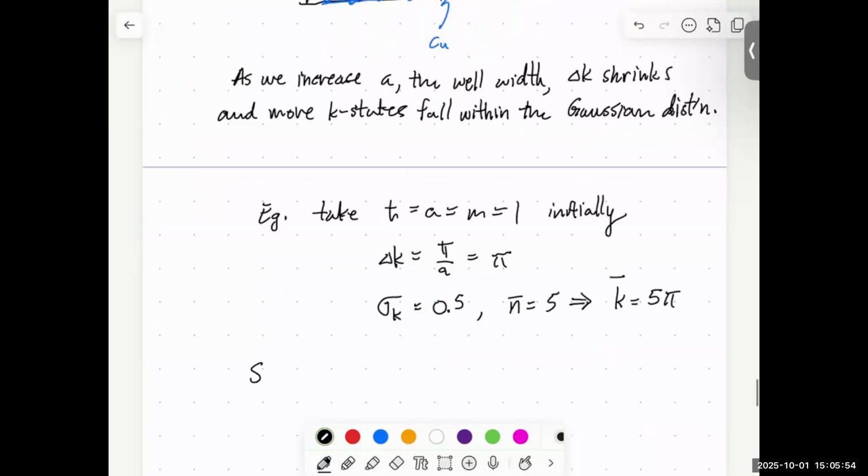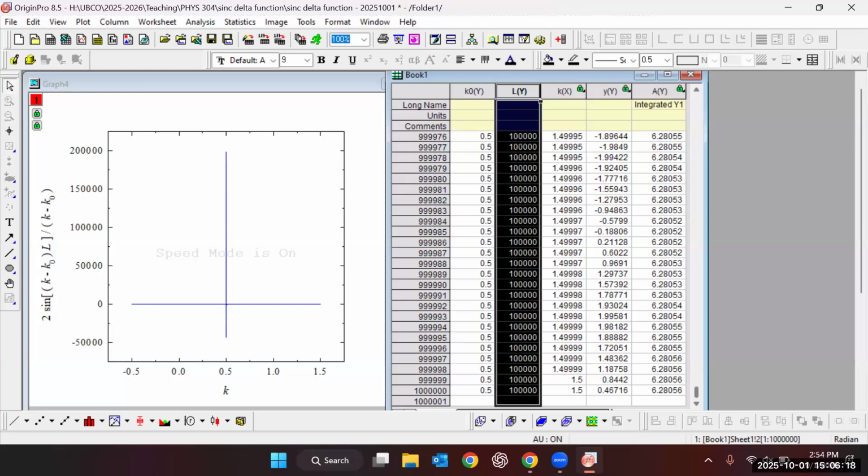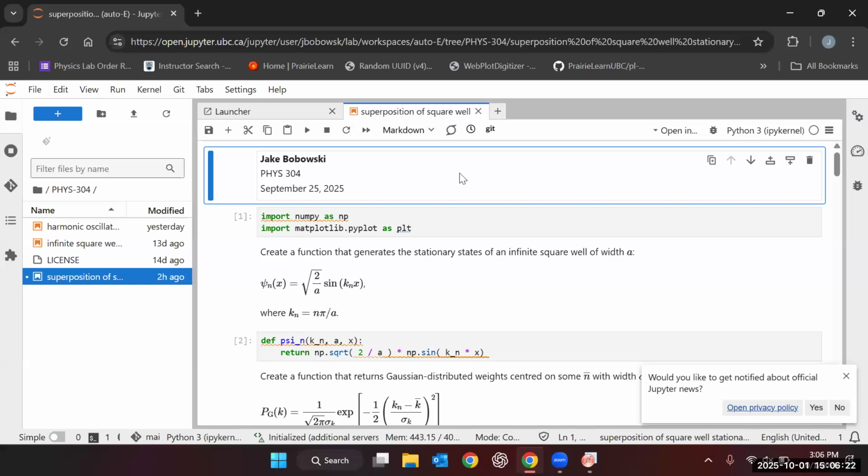Then what we'll do is slowly increase a above 1 such that delta k decreases. I've got another program for showing you how this will work.